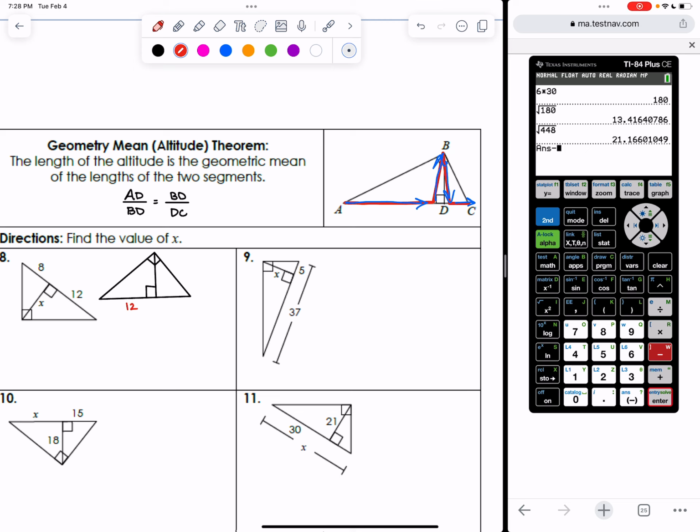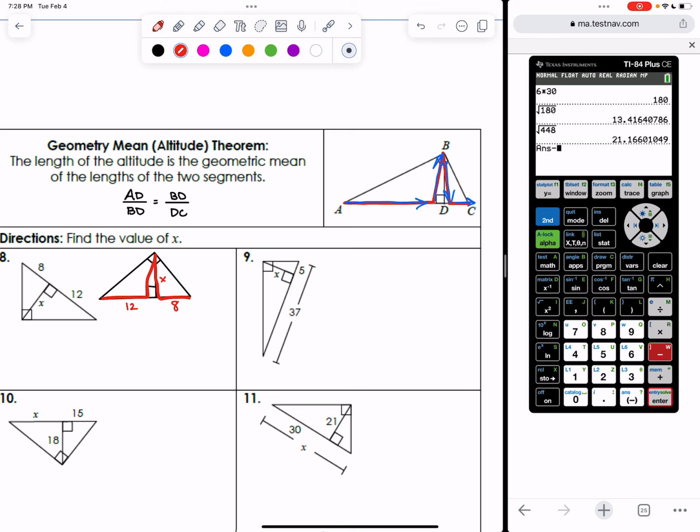So 12 is going to go from here to here, 8 would then go over to here, and then x would be right here. And once again, we can see that heartbeat right through the middle. Although you can't rotate images like I just did, you can simply rotate your paper. Does everybody see that?